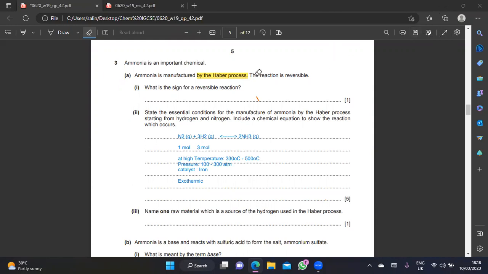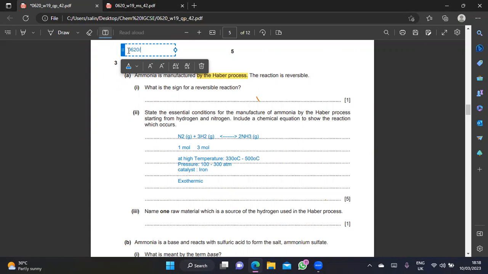Now this is actually paper, I will write it down. This is 0620. Which paper is this? Just 1 second.